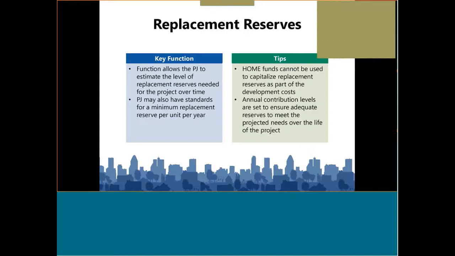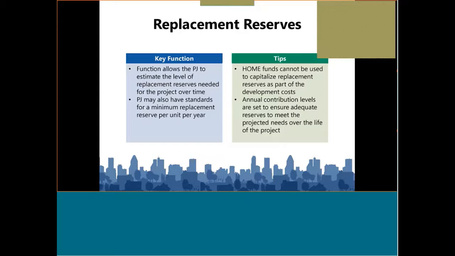I just want to take a break here to give a brief public service announcement about replacement reserves. I've done a lot of deals over many years, and my observation is that reserves are typically underfunded relative to the cost of capital replacements during the period of affordability under which the PJ has a liability to HUD for the success of the property as an affordable housing investment.